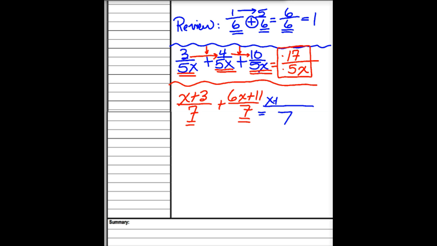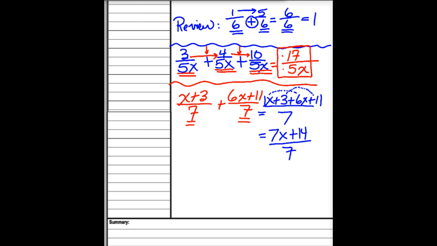The top is an x plus 3 plus a 6x plus an 11. When I add those tops up, I get 1x plus 6 more x's gives me 7x. I'm combining like terms, and 3 plus 11 gives me 14.